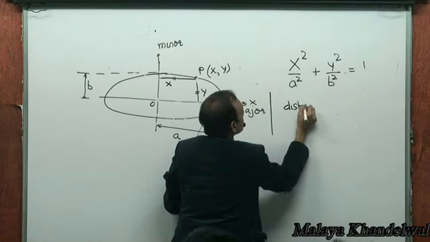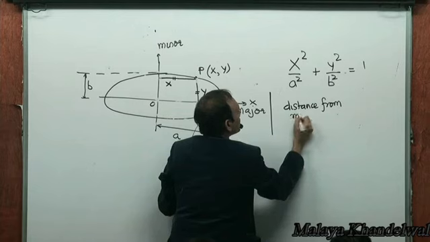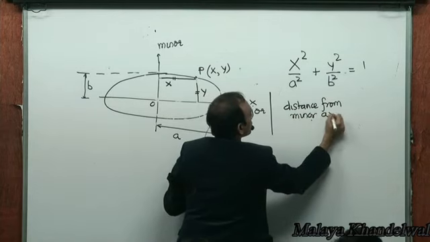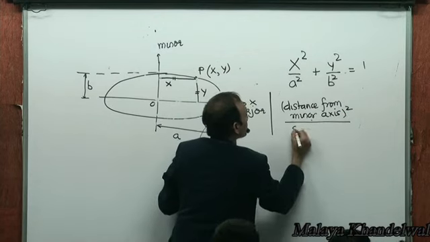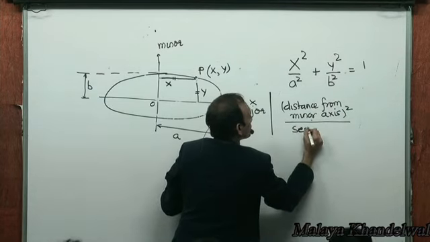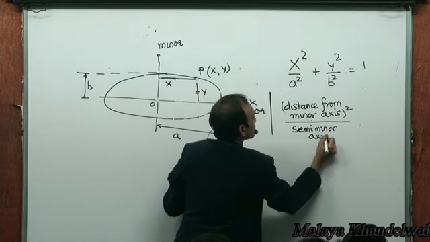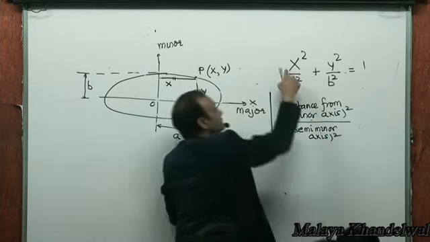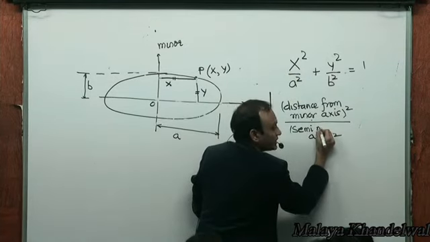Physically, how do you want to read x squared? Distance from the minor axis squared divided by semi-major axis squared, yes or no?